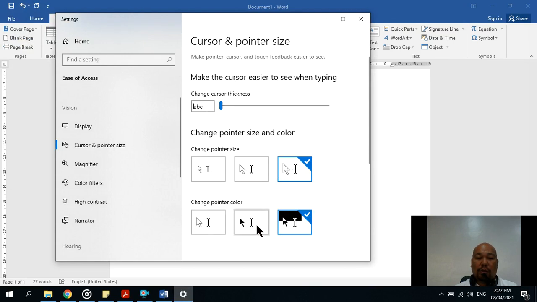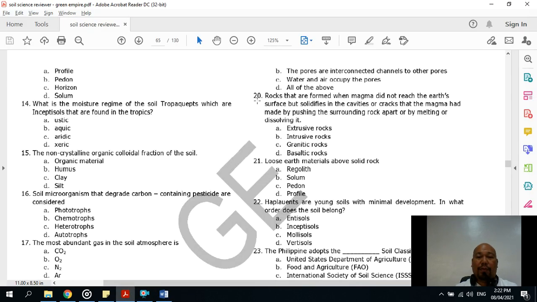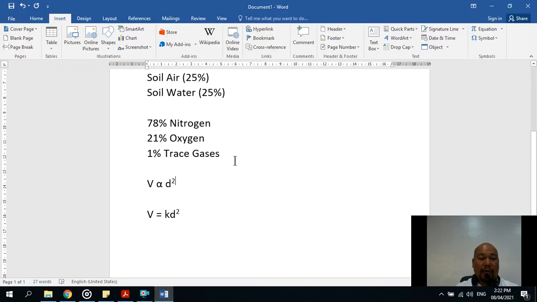Pointer color. Yeah. That one na lang siguro. Okay. So yeah, you can see it better. In this case, since this is a picture, problema ta. Here, it's better. All right.